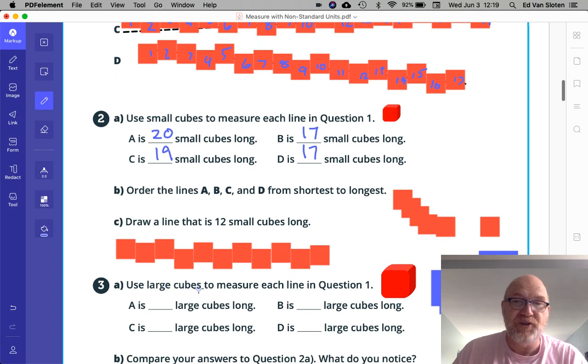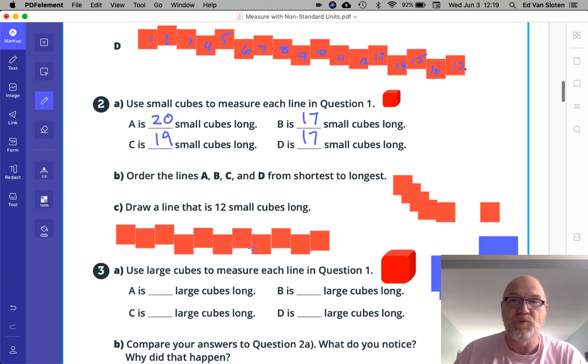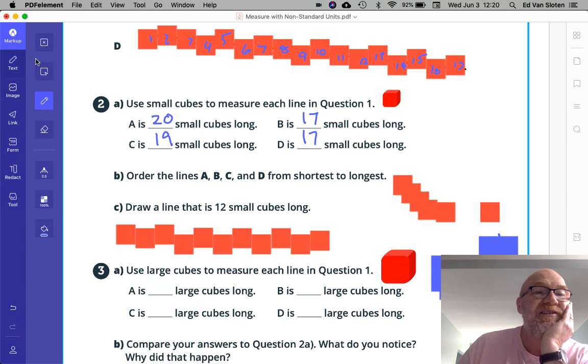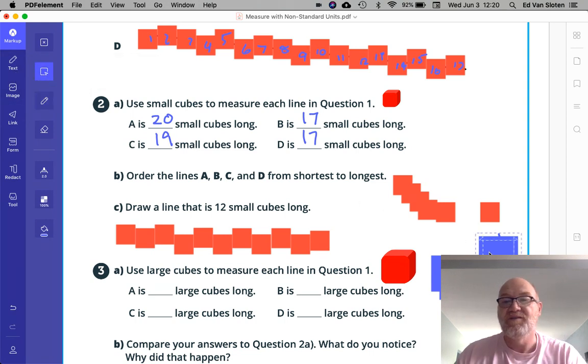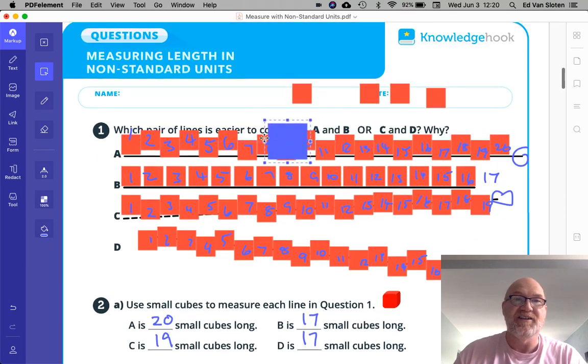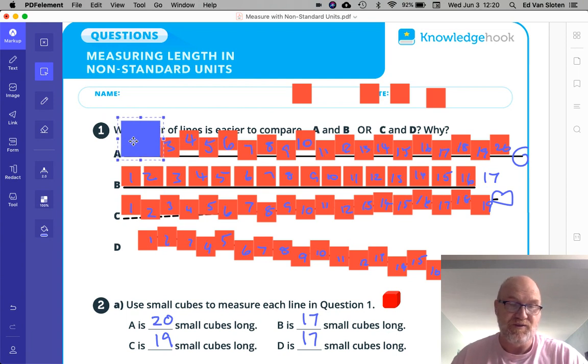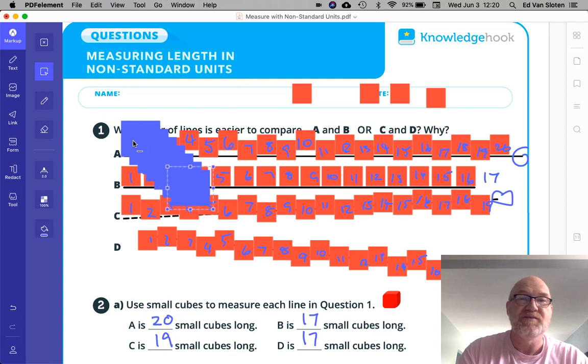Use large cubes to measure the lines in question 1. So I'm going to see, can I grab this? No, I have to use a different utility, a select tool. So if I move that up here and I go 1 cube, and I'm just going to go copy, insert, insert, insert, insert.